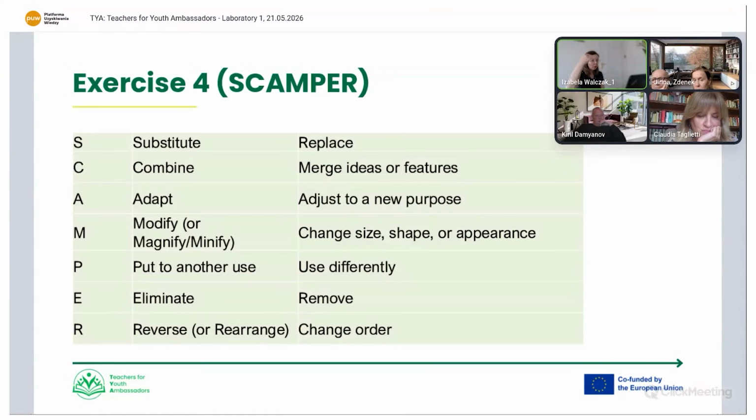And I go one by one, and I imagine, okay, if I were to replace certain parts of it with something else, in my product, or if I were to merge some ideas. So, for example, come up with 2-in-1 or 3-in-1 something new, right? If I could take this toilet paper and adapt it to other needs.